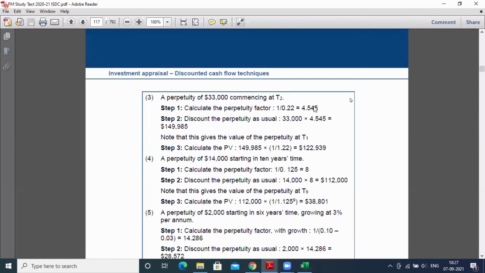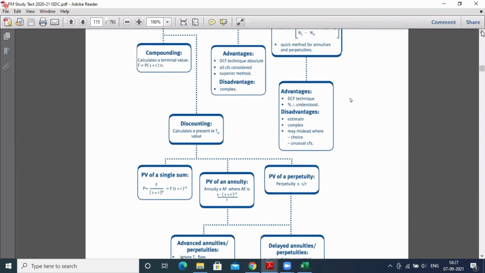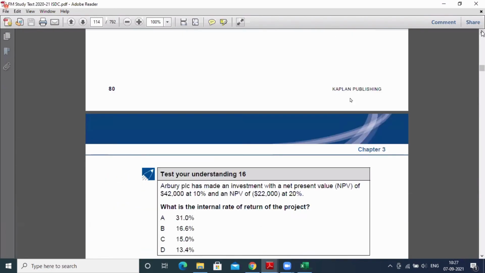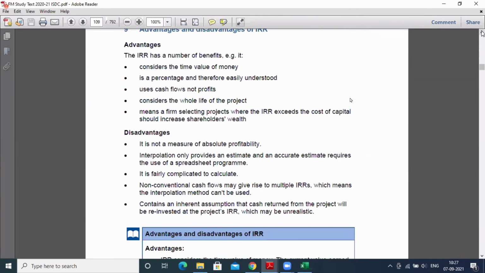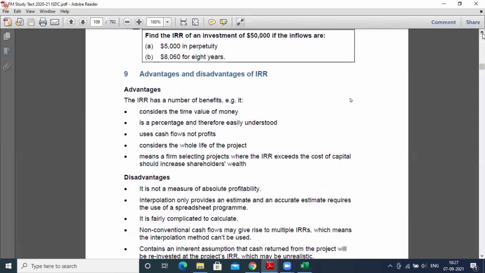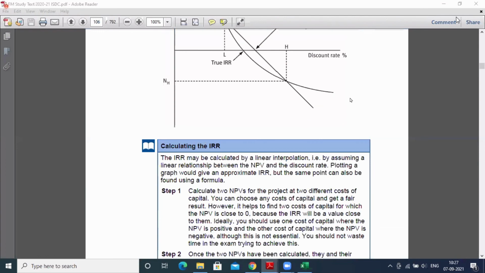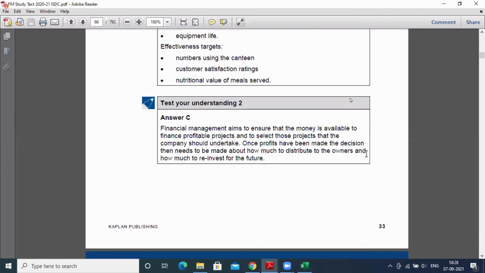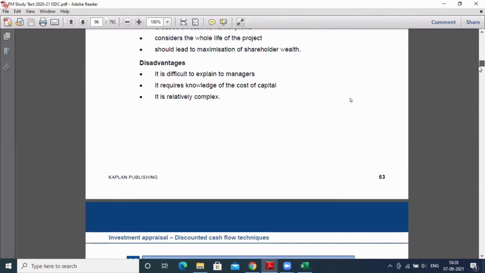Hello. Page number 66. Thank you very much. Is there any query on this? Okay.